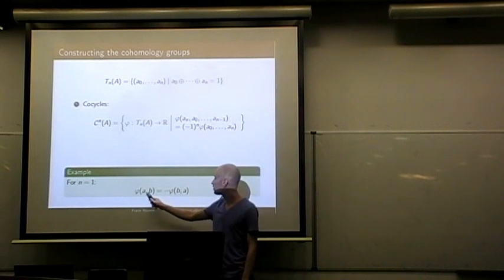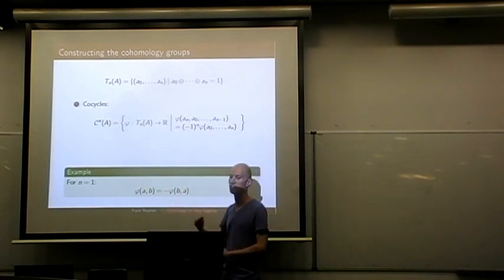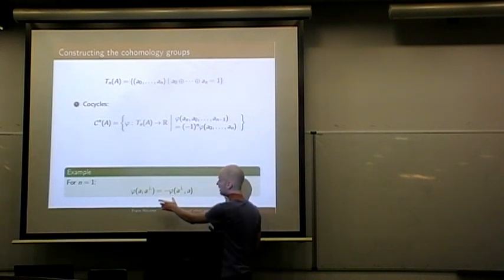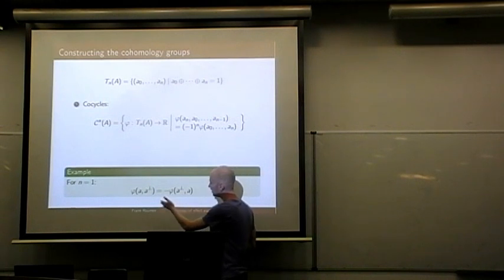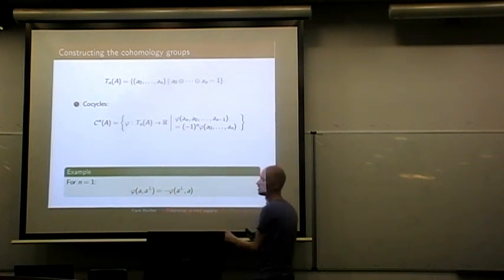Then the test consists of just two elements whose sum is 1, and it should preserve a cyclic permutation of those tests up to a sign, so we get a minus sign here. But if we have a test, then these two elements sum to 1, so that means that B should be the complement of A. So actually we have a formula like this, and this basically says that the cocycle preserves the complement, so it sends a complement to a minus sign.